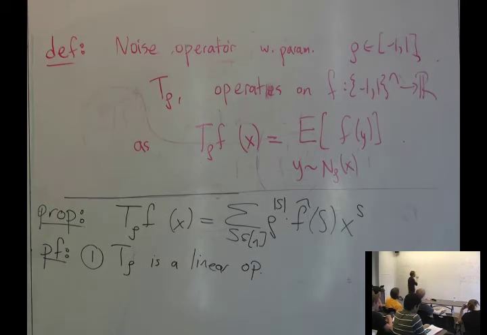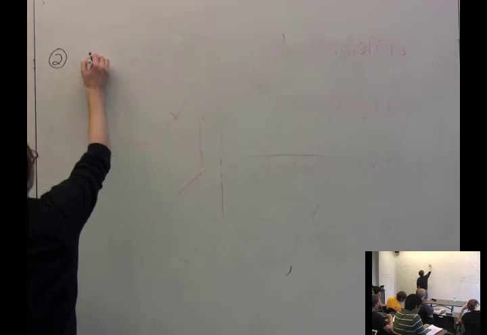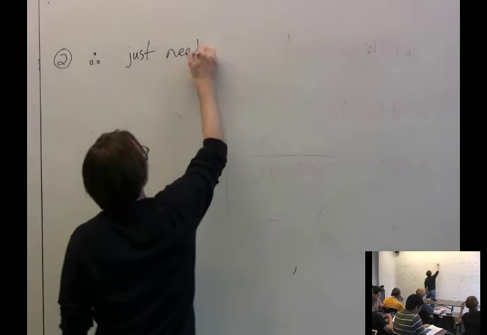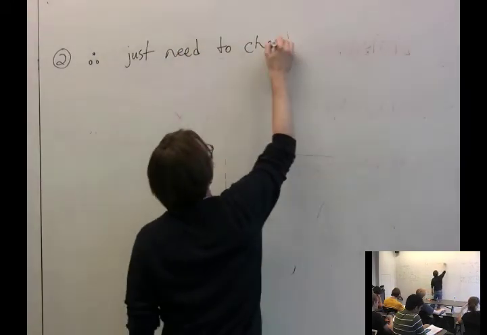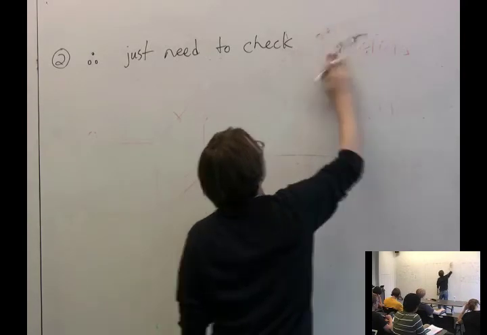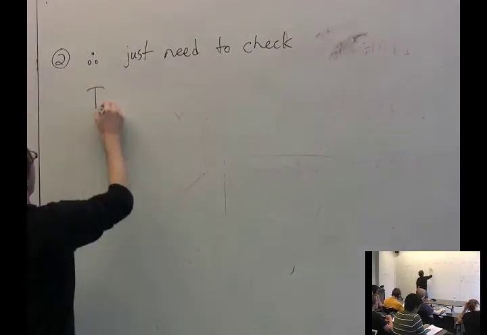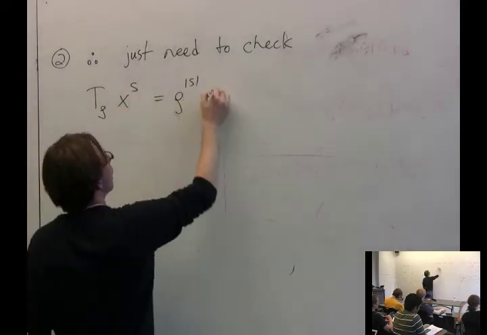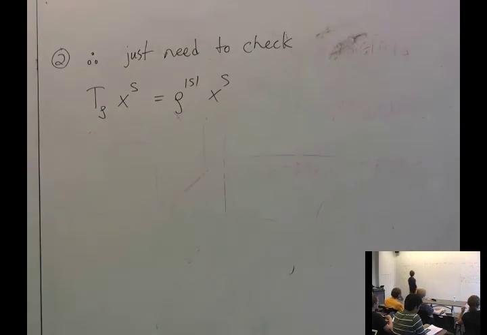Okay, in the sense that T rho applied to f plus g is equal to T rho of f plus T rho of g. And that just follows immediately from the formula for T rho and linearity of expectation. If you just plug in f plus g, you can separate out the f part and the g part. Okay, so as we saw in that earlier proof with the derivative, since it's a linear operator, it suffices to check this formula on each of the monomials. So therefore, it suffices to check that T rho of the function, the S parity function, is indeed equal to rho to the cardinality of S times this monomial.